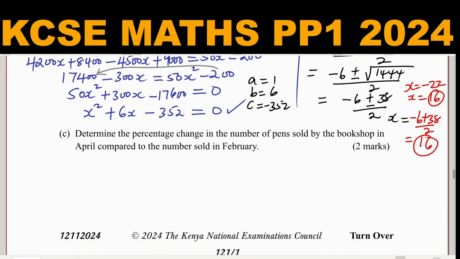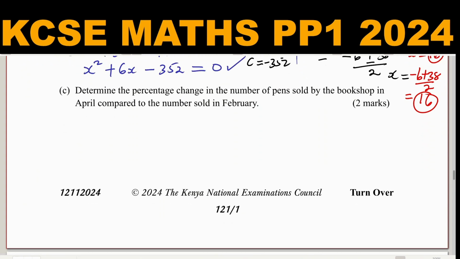Now the other question, part C: determine the percentage change in the number of pens sold by the bookshop in April compared to the number sold in February. So percentage change.